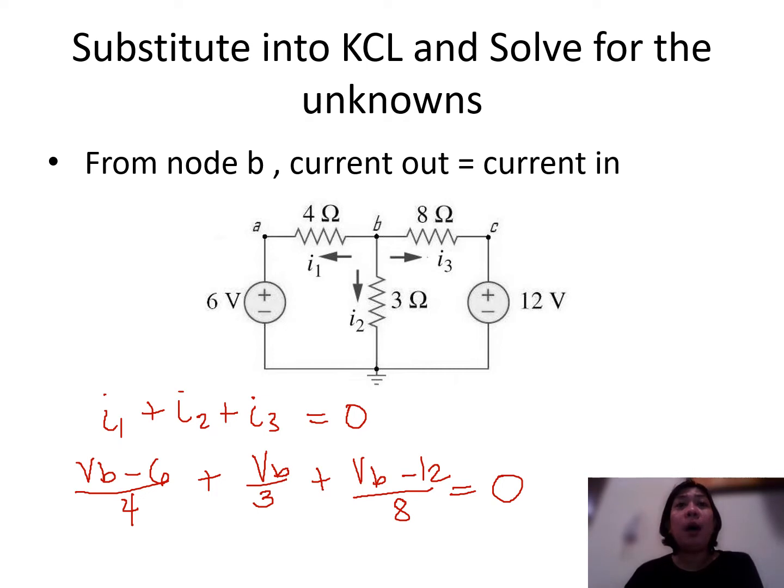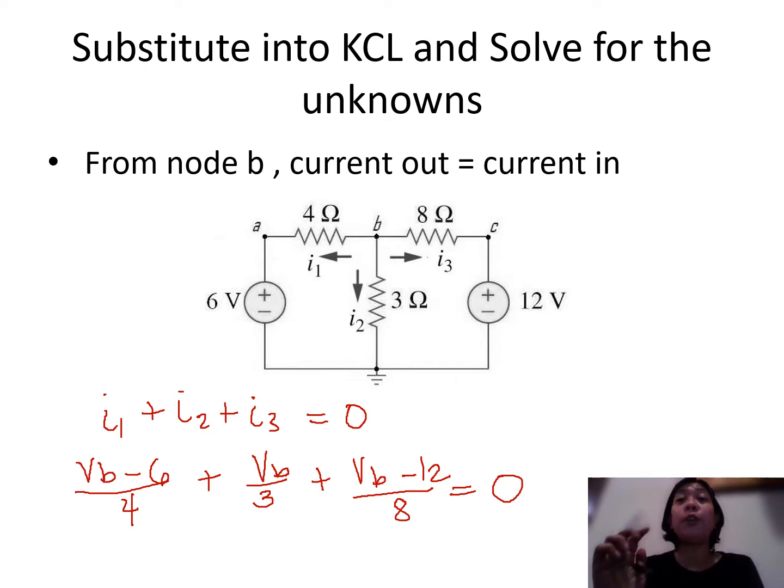Previously, in our analysis using your Kirchhoff's laws, you have 3 unknowns here. For example, you have your I1, I2, and I3. So therefore, we will be needing 3 equations. If we're going to solve this same circuit using mesh analysis, as you can see, we have 2 meshes here.